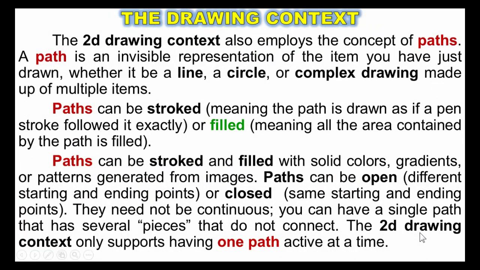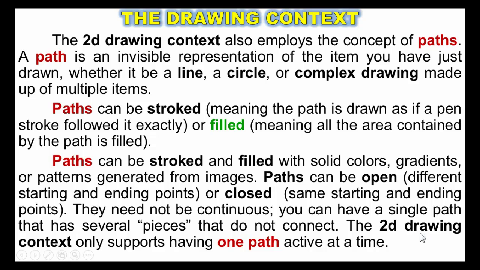The 2D drawing context also employs the concept of paths. A path is an invisible representation of the item you have just drawn, whether it be a line, a circle, or a complex drawing made of multiple items. Paths can be stroked, meaning the path is drawn as if a pen stroke followed it exactly, or filled, meaning all the area contained by the path is filled with a color.